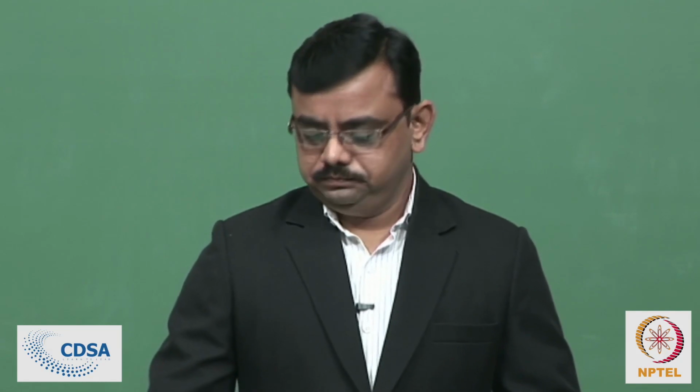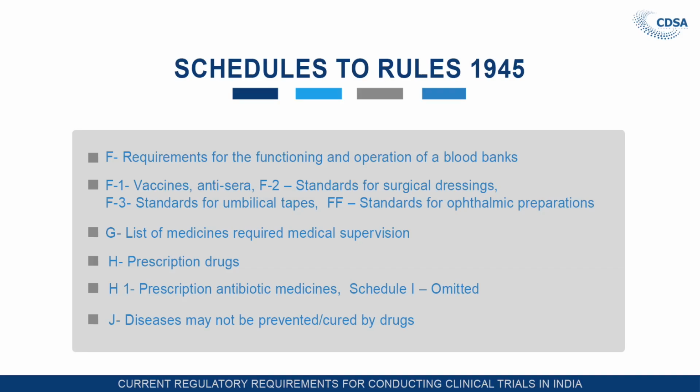The next schedule, Schedule H, is for prescription drugs. The retailer has to sell the drug only with a prescription. What are these drugs which can only be sold by prescription?